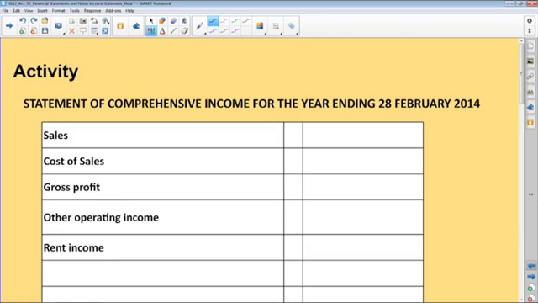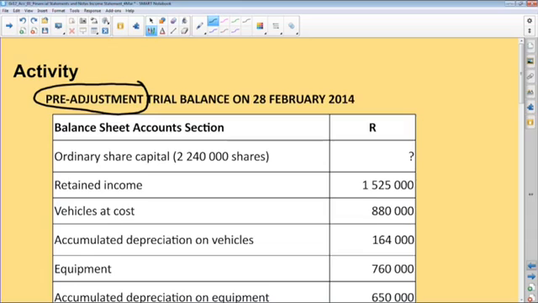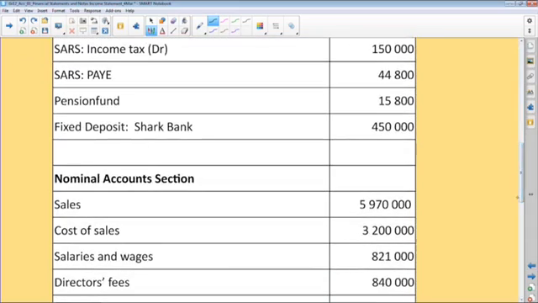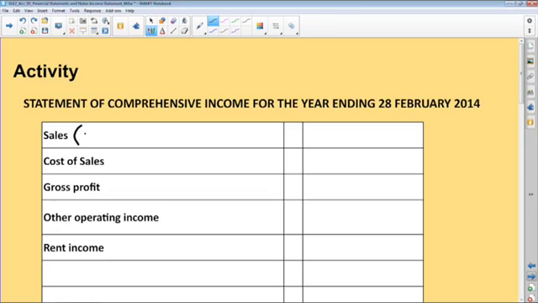Okay, so in that way, let's go back and say, right, the first thing that we need is our sales figure. And where am I going to get my sales figure from? Very simple. Go to my nominal account section, and there's my sales figure, 5,970,000.